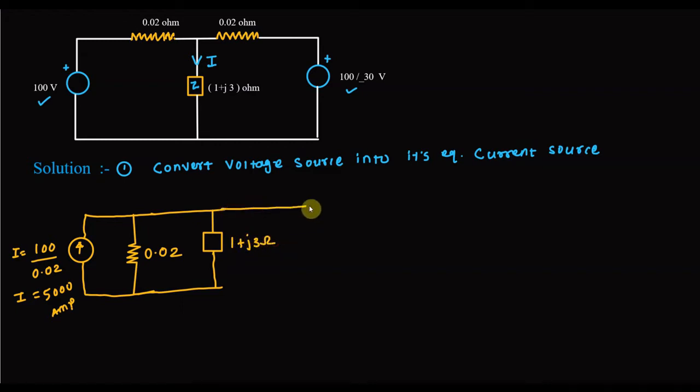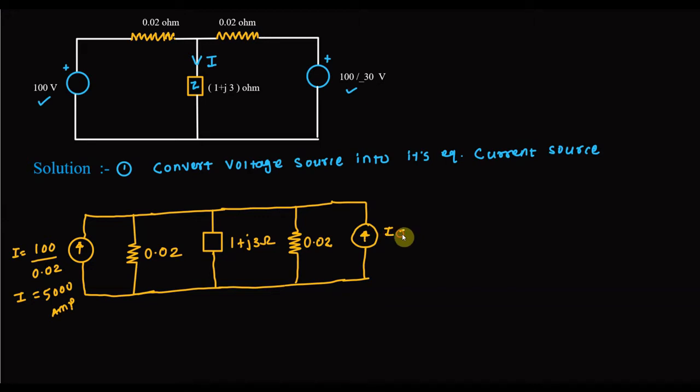Okay, and we will convert the rest of the circuit, that is this voltage source, again into a current source. So this value will be 0.02, and this will become the current source, again upward.